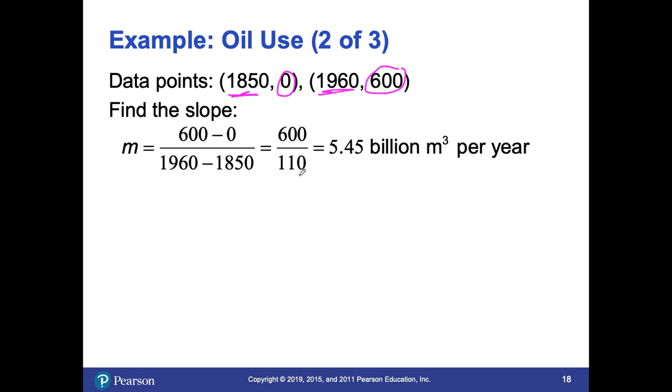Just throw that in the calculator, you get 5.45 billion cubic meters per year. So every year that we went from 1850 to 1960, we increased by 5.45 billion cubic meters per year.